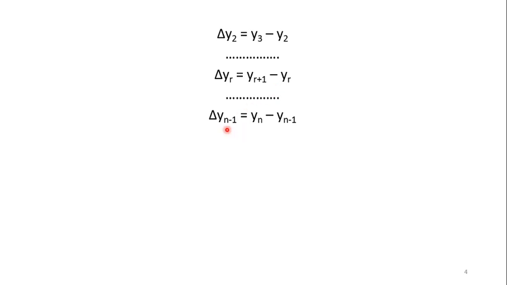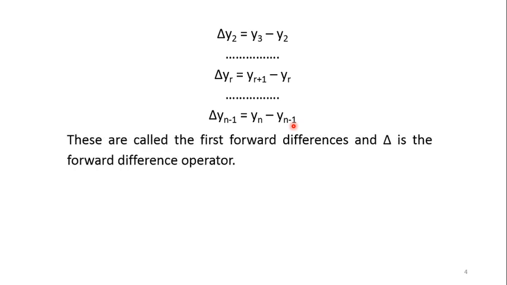You can generalize this as delta of y of n minus 1 equal to yn minus y of n minus 1. So these are called the first order differences and delta is called the forward difference operator.